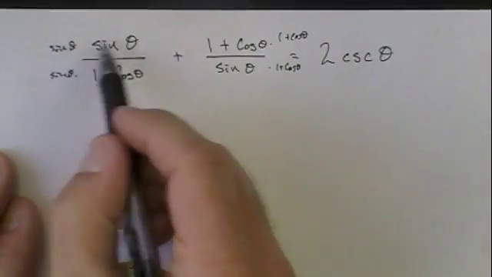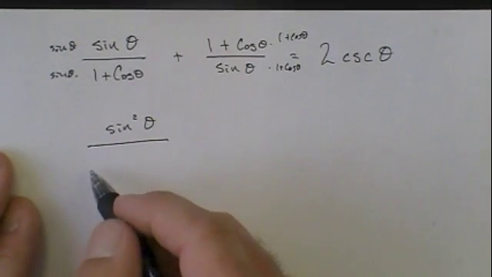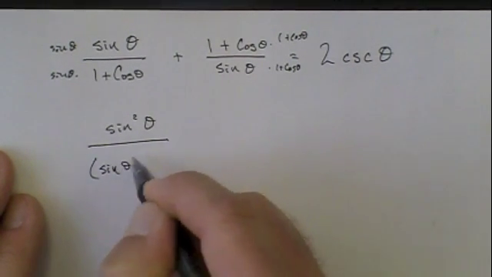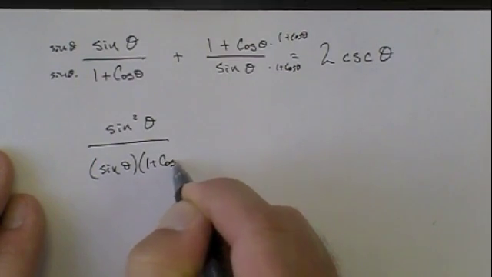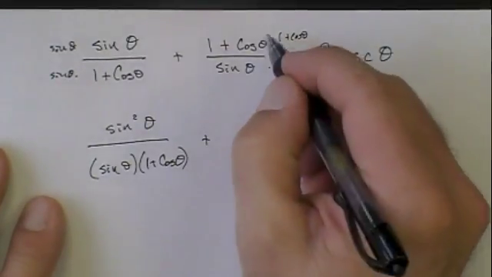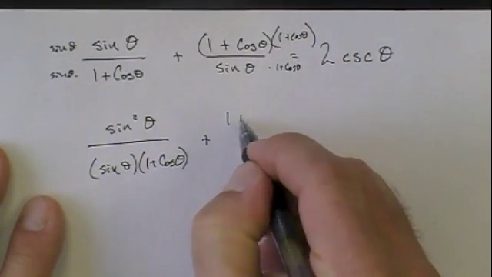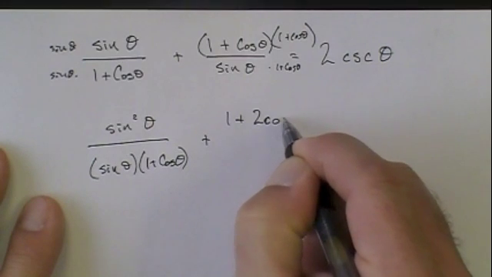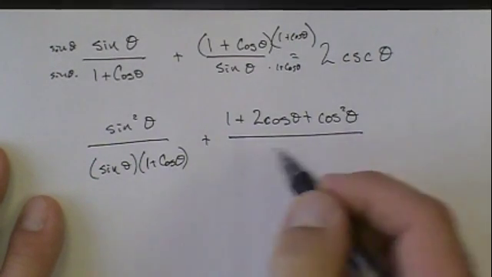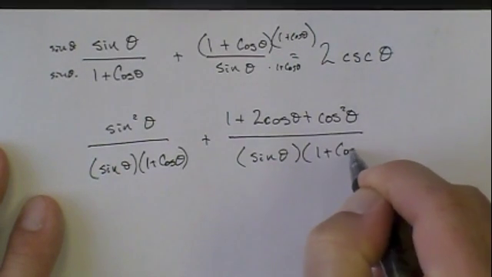As I multiply here, I get sine squared theta over, let's just keep it as sine of theta times 1 plus cosine of theta, plus, now when I multiply here, we have these two quantities, so I would FOIL, and I'd have 1 plus 2 cosine theta plus cosine squared theta all over sine of theta and 1 plus cosine of theta.